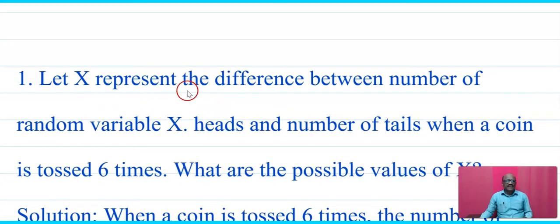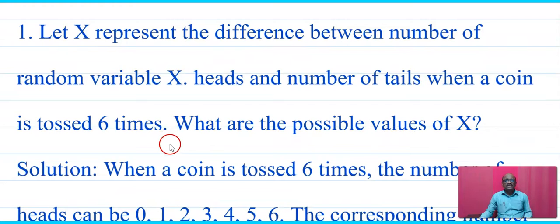Let the random variable X represent the difference between the number of heads and the number of tails when a coin is tossed 6 times.